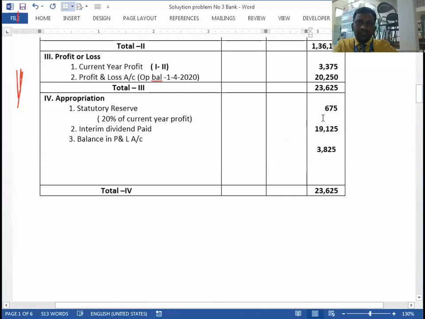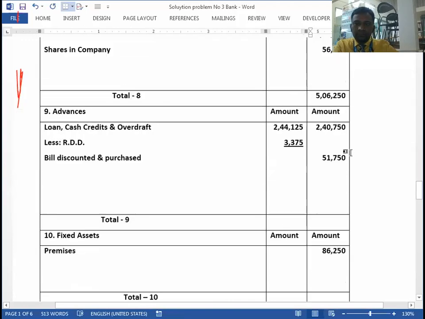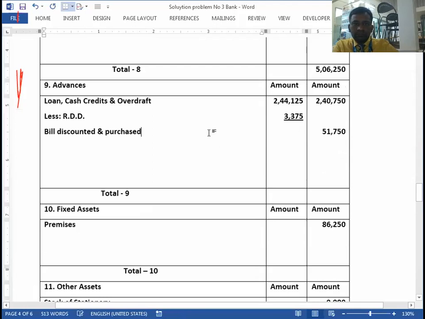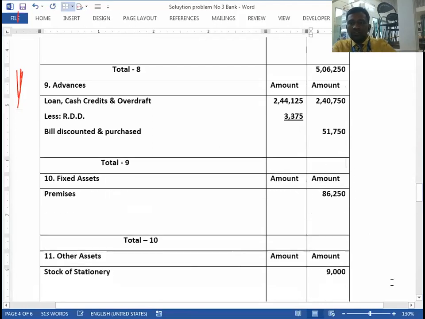Then advances. The total of advances is rupees 2,92,500.